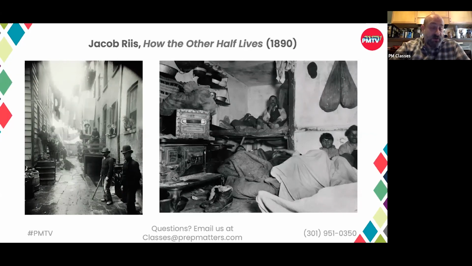But as this period progresses, you have more and more jobs that are mechanized and made simpler in ways that made it easier to trade in and out workers, making workers much more replaceable. Semi-skilled workers would be in something like making a light bulb.